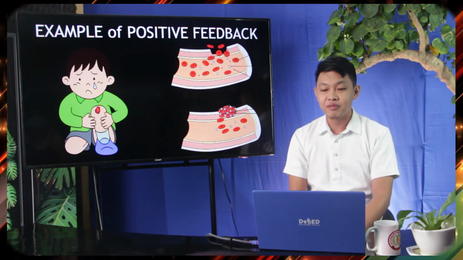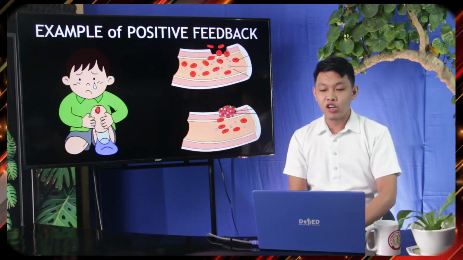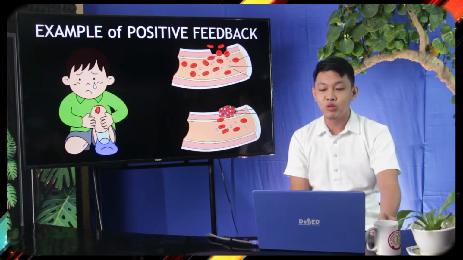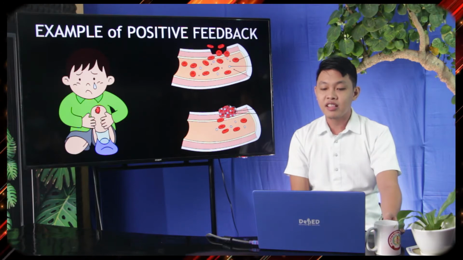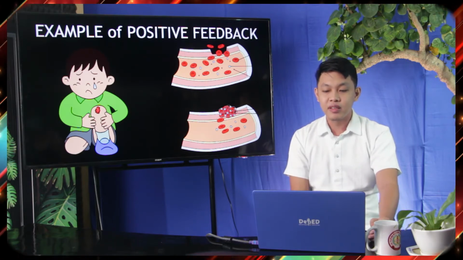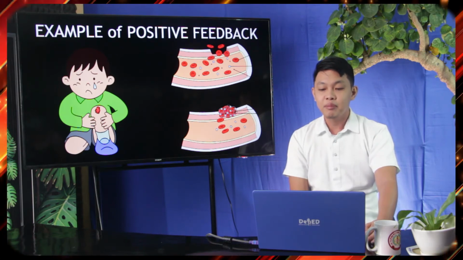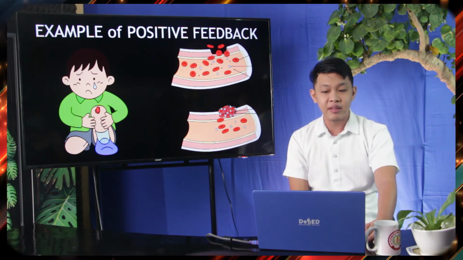For example, did you experience wounding yourself? A wound causes bleeding. The body responds with a positive feedback loop to cut the blood and stop the blood loss. Substances released by the injured blood vessel wall begin the process of blood clotting.